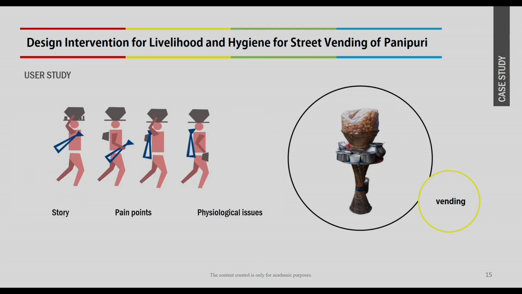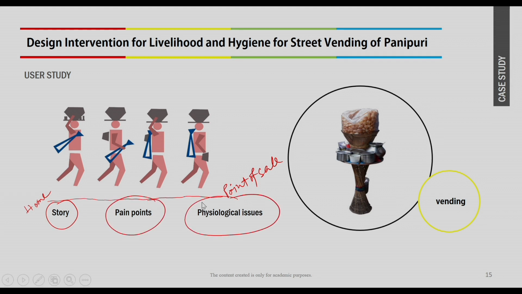We also checked the journey of the vendor from their home to the point of sale, how they are carrying the materials. We heard about their stories, we figured out different pain points and different kinds of physiological issues.